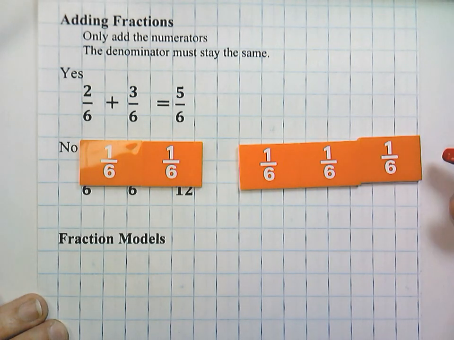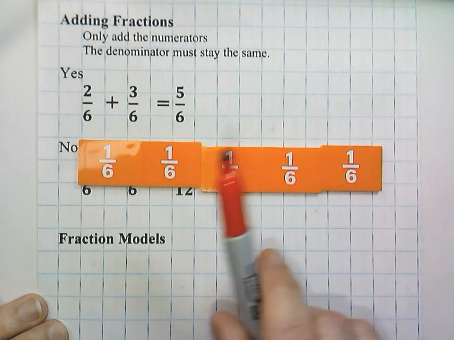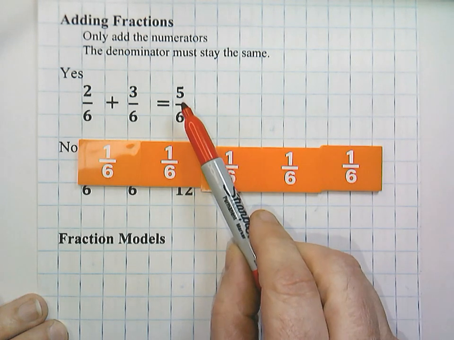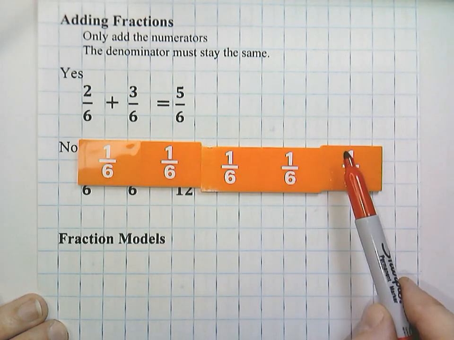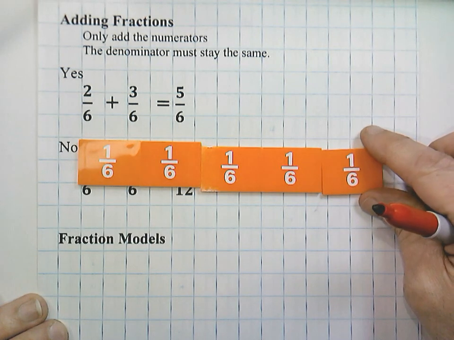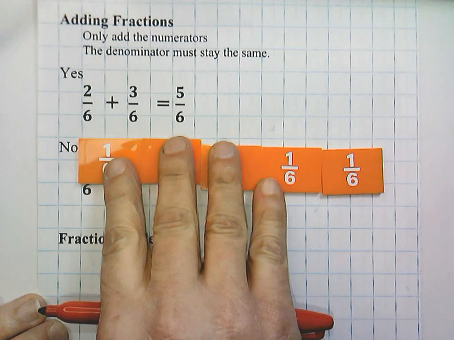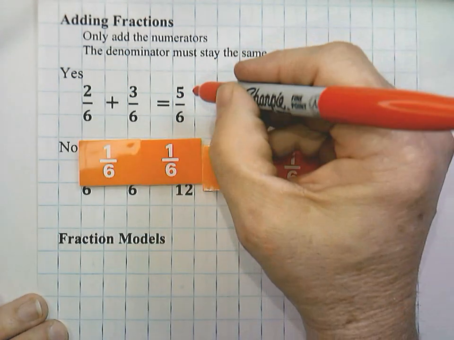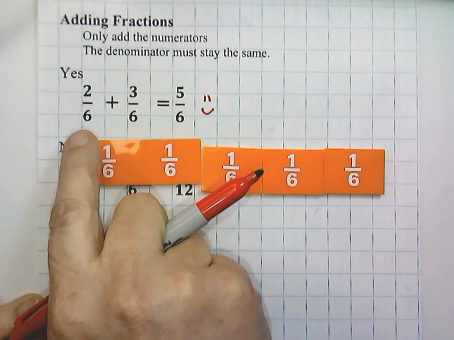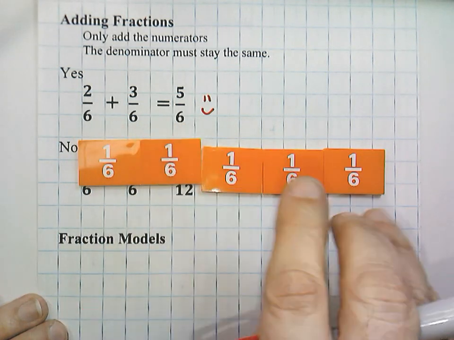Notice that when we add them, we have a total of 1, 2, 3, 4, 5, which is our top number. But all of them are sixths. The bottom number is telling us what they are. So this is how we do it, right? We add the top, but on the bottom, boom, boom, boom.